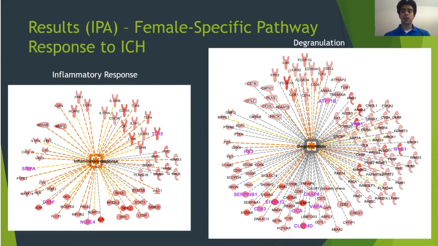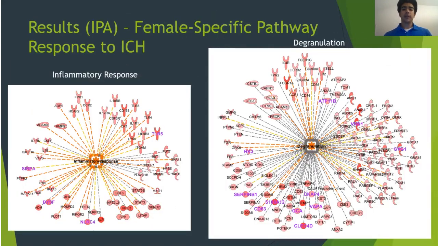Here, we see a large diversity in the molecular targets: transmembrane receptors, enzymes, proteins, peptidases, kinases, which is a strong contrast from our male network that primarily targets immunoglobulin regions. Additionally, in these specific pathways associated with the female ICH response, we see lots of upregulation of genes, whereas we saw downregulation in the males.